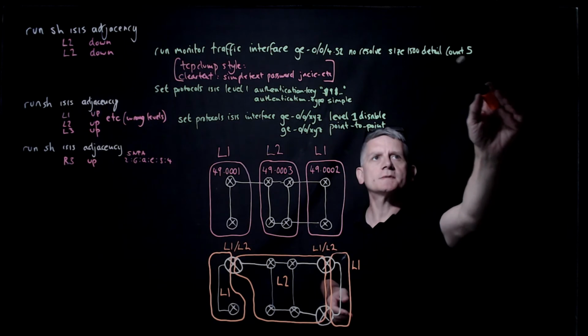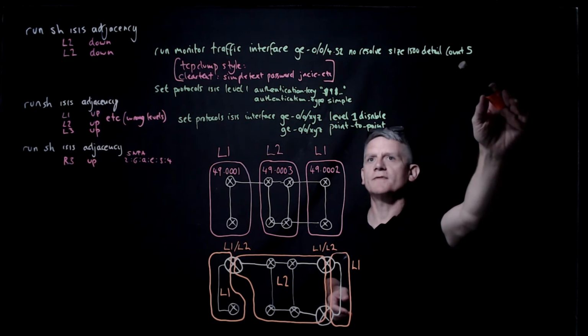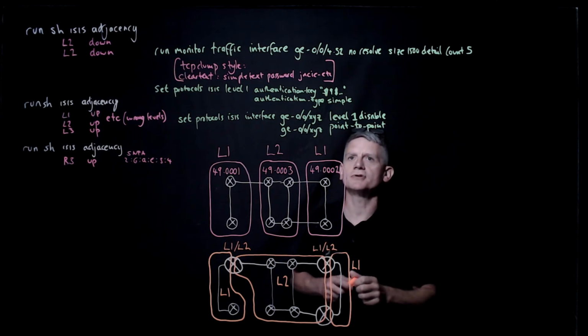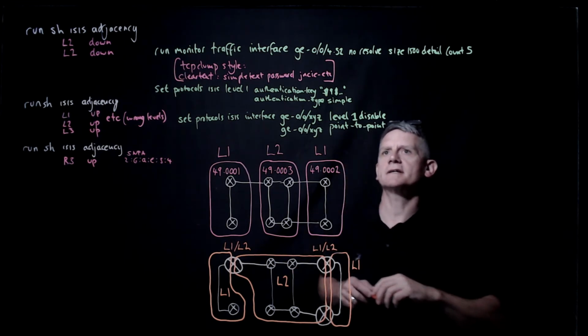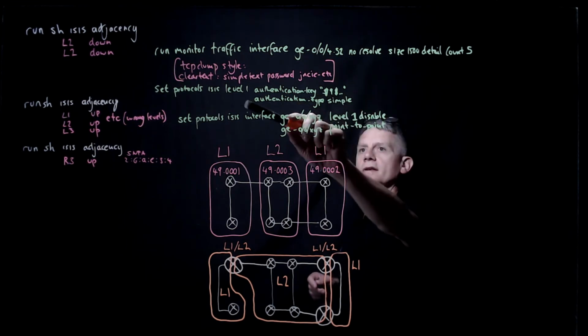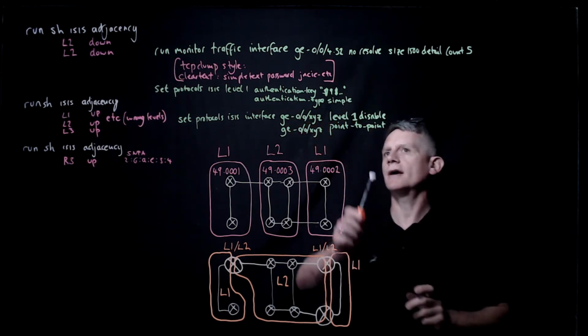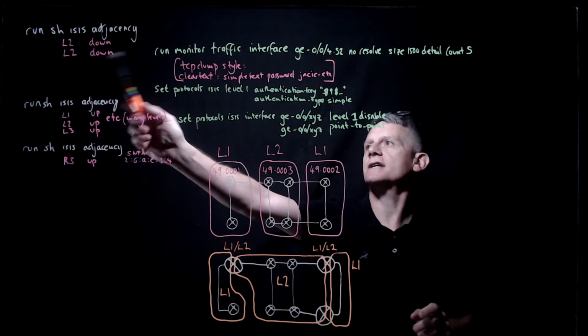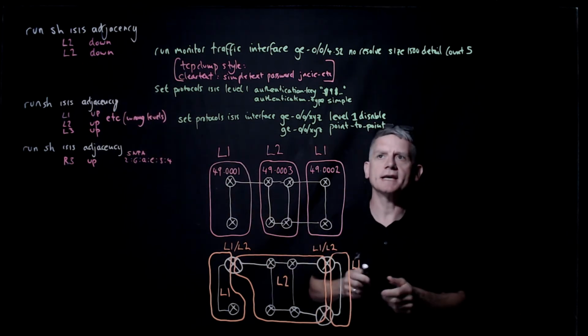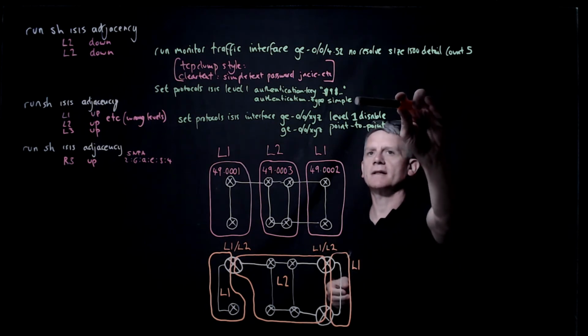What's nice here is you can specify the traffic count before you begin, so that's a mitigating factor on your risk. Very, very nice. And with the detail flag, you can even see the authentication type. Where we're working on an adjacency that won't come up and it's authentication based, we can see the password in clear text.